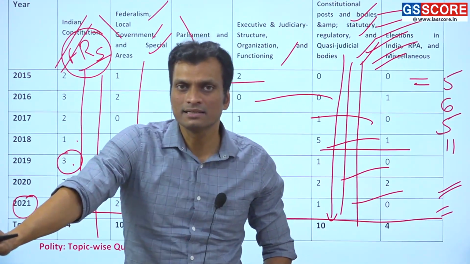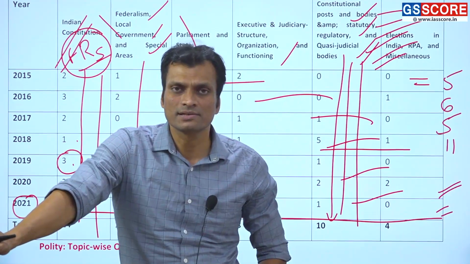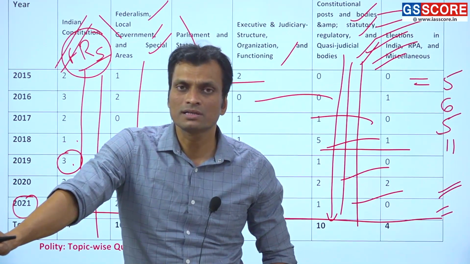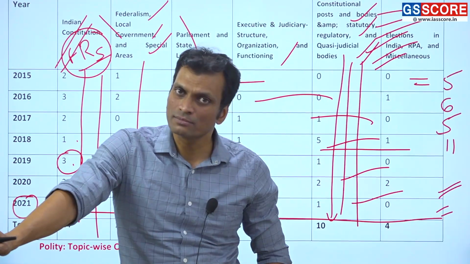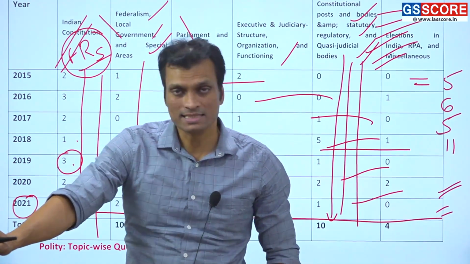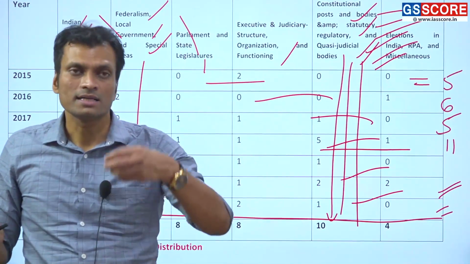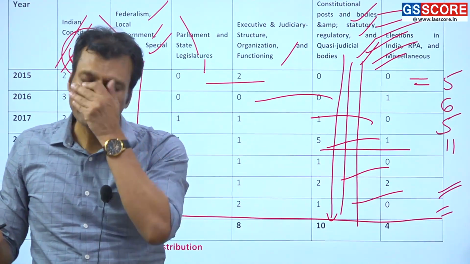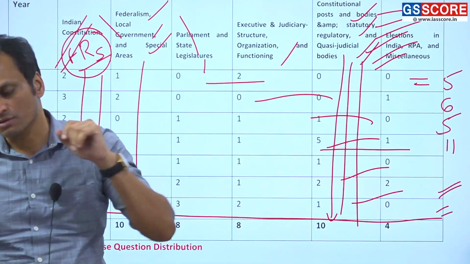You can see there is no question on ordinance, no question on emergency, no question directly from Supreme Court cases like what happened there, why not. All these are asking for the big picture, though related with the main provisions of the Constitution.